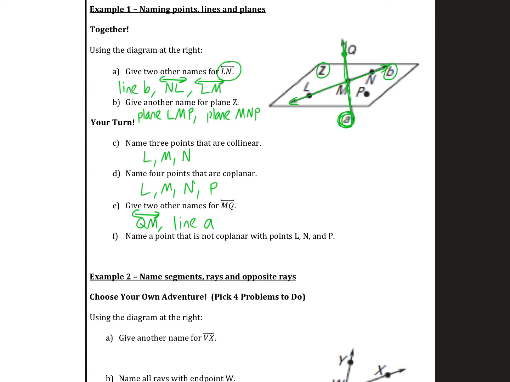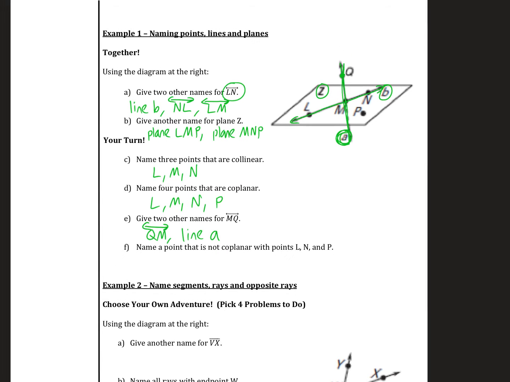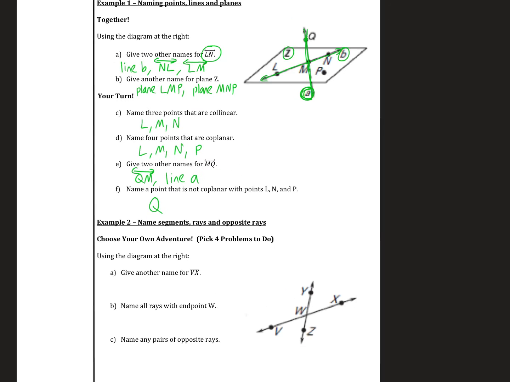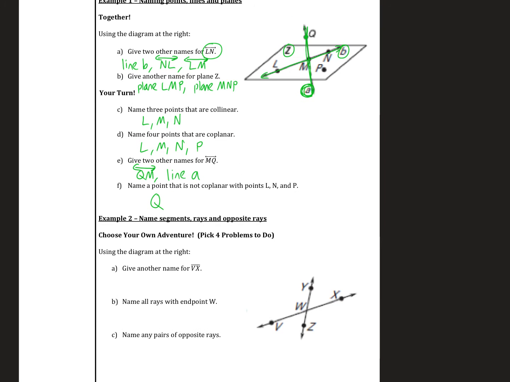They are basically just labels for the line or plane. And then it says name a point that is not coplanar with points L, N, and P. Which point is floating above or below the plane? Hopefully you said Q, because that is correct. All right, sounds good. Let us keep moving along here.